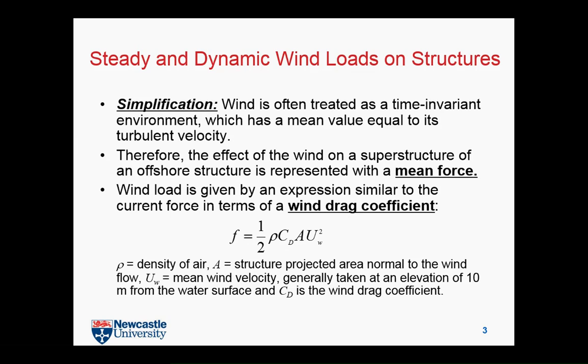But in estimation, usually we assume that we have a stable wind and the wind speed is the average value, and we call that the mean velocity or mean speed. So in estimation, here is the mean wind speed, and we assume that it's stable.